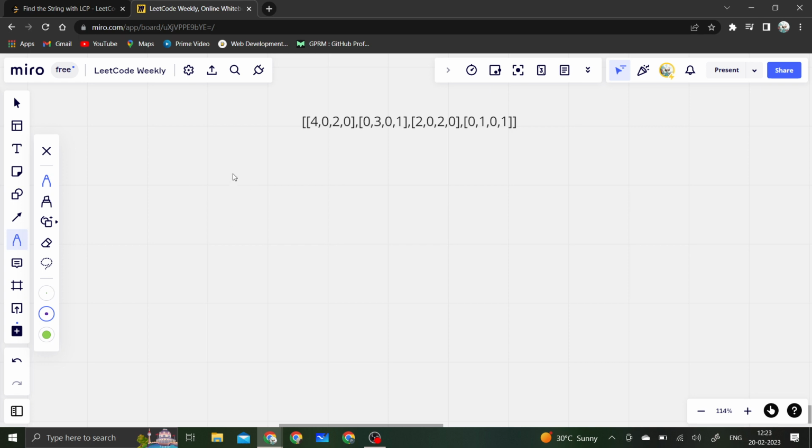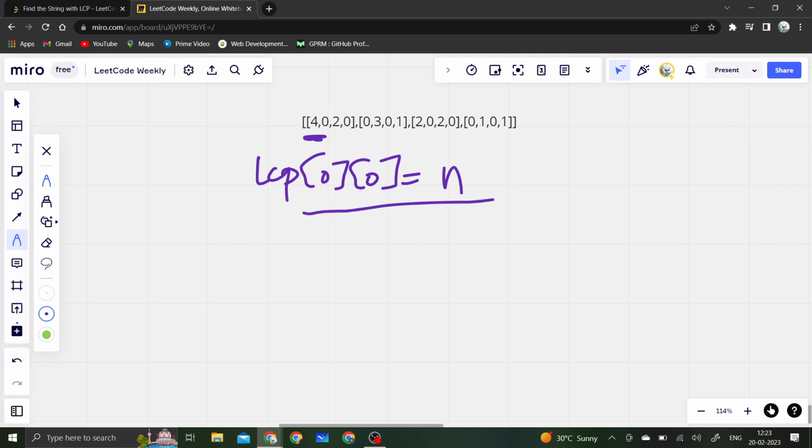when LCP of 0, 0 should always be equal to the length of the string, right? That is n. So like for this example also you can see it is 4, right? So for any case, if this is not equal to n, then we cannot form any string. Why?